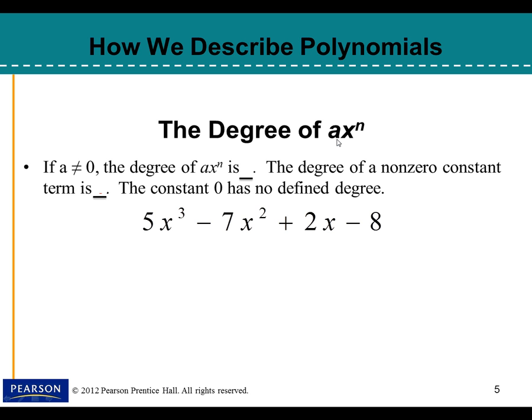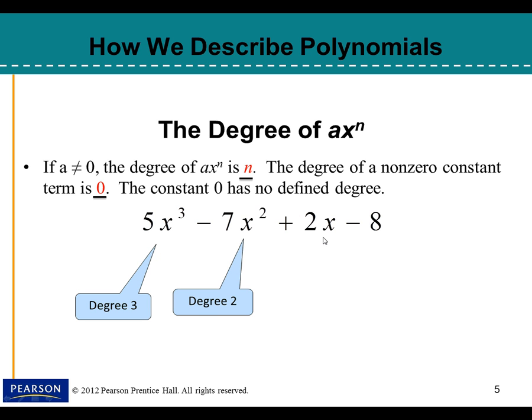Okay, so the next thing you need to be aware of and you need to know is the degree of a polynomial, and the degree of the polynomial is that exponent. So we say ax to the n has degree n, and if it's a non-zero constant, then it's 0. So when you look at this polynomial, this term has a degree of 3. This one has a degree of 2.